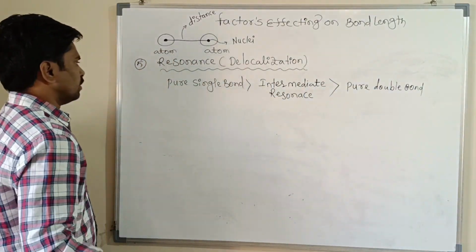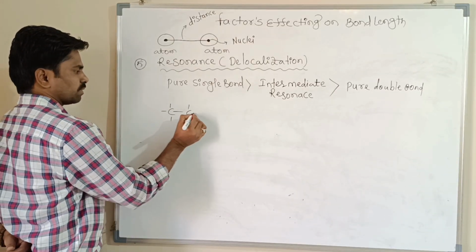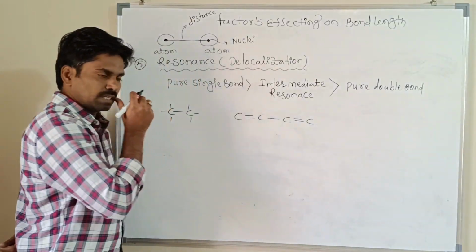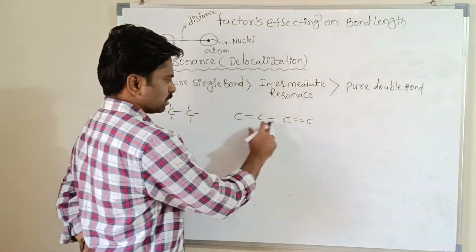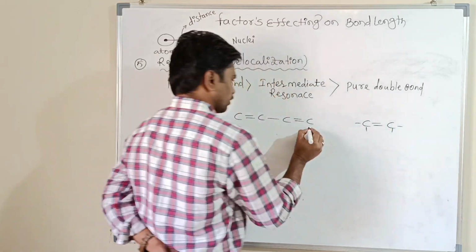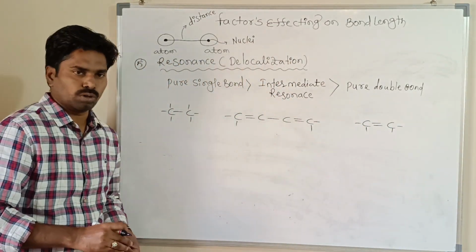Right. So here, between carbon and carbon, a single bond is present. Now I am giving the carbon-carbon single bond, and here a carbon-carbon double bond, single, double is given. Now it is a carbon-carbon double bond. Your question is, which of these has the longest bond length?